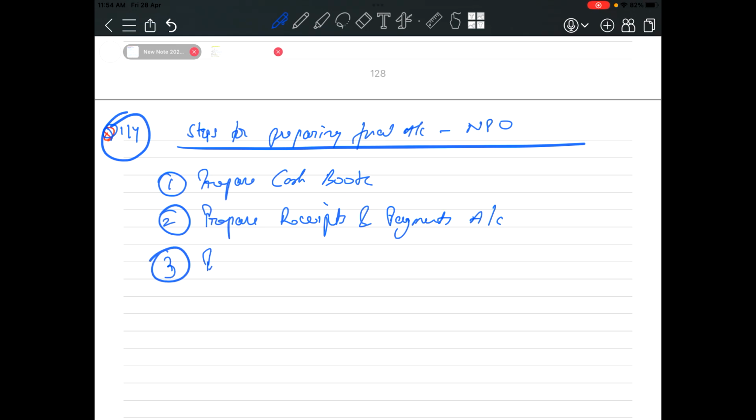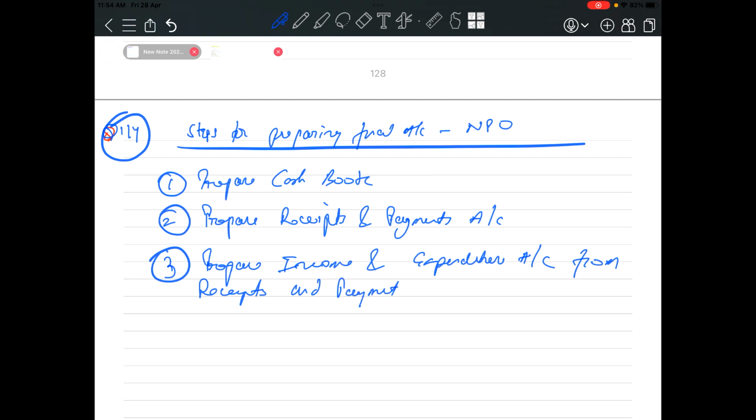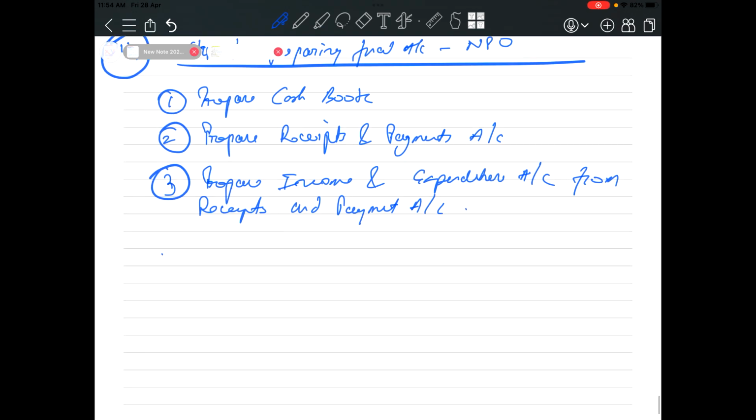Step 3, prepare income and expenditure account, from the receipts and payment account.